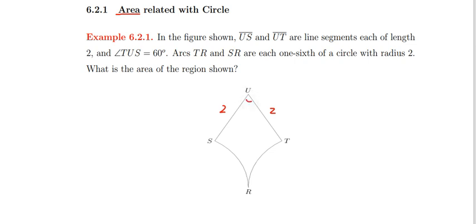Arcs TR and SR are each 1/6 of a circle with radius 2. What does this mean? We have a circle with radius 2, and this is 1/6 of it, so this angle is 60, right?